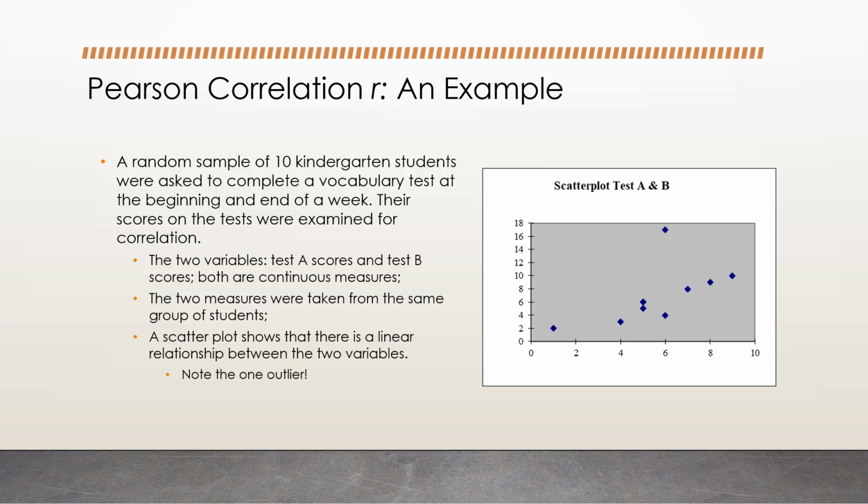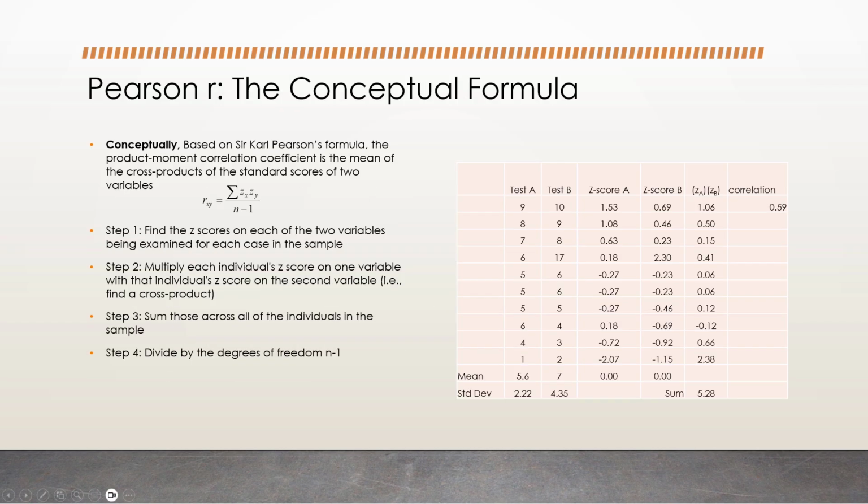The two variables, test A scores and test B scores, are both continuous measures taken from the same group of students. A scatter plot shows that there is a linear relationship between the two variables, with one outlier. Be clear that in the scatter plot, each point represents paired measures on the two variables for a specific individual.